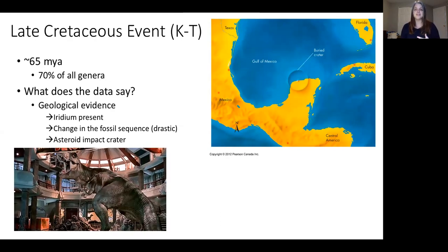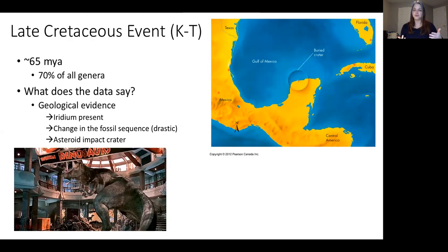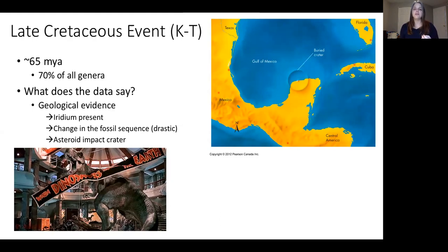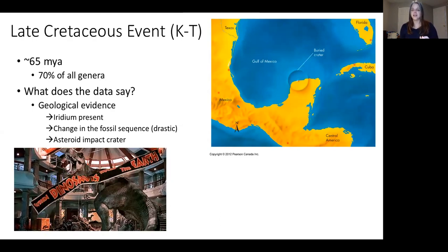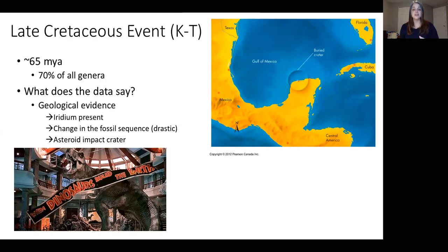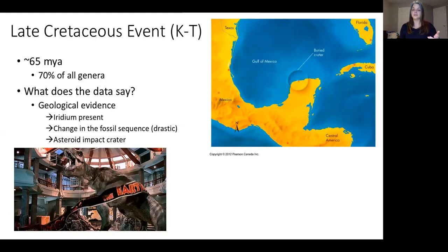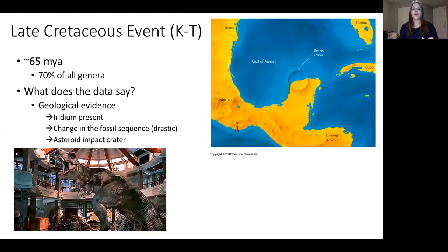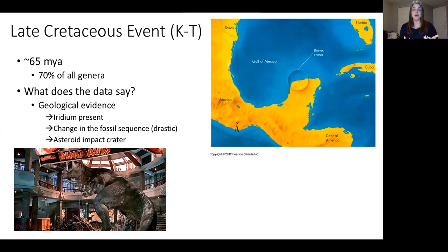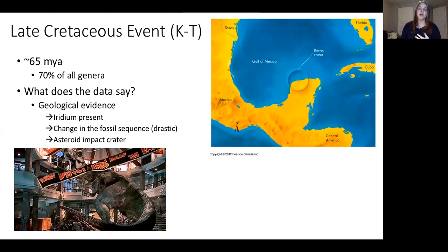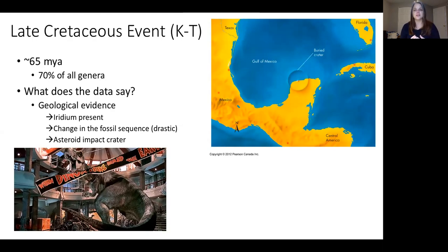The problem was they couldn't find an impact crater to support this theory. They published their paper in 1980, and then by the end of the 1980s, beginning of the 1990s, scientists had found a crater that matched the expected magnitude and potential damage that led to the end of the Cretaceous and the end of the dinosaurs, 65 million years ago.